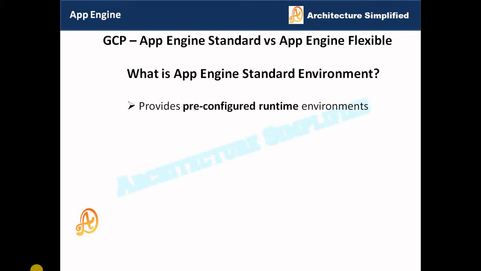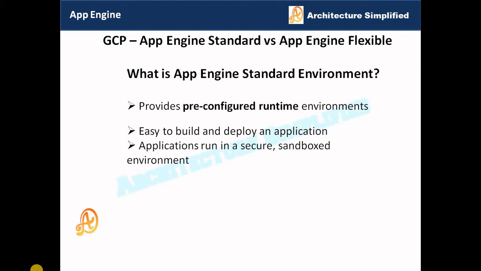App Engine Standard Environment provides you pre-configured runtime environments, so it is easy for you to build and deploy an application because it abstracts away configuring the runtime environment for your application. In App Engine Standard Environment, applications run in a secure, sandboxed environment. Auto-scaling of servers is also provided by GCP in App Engine Standard Environment.